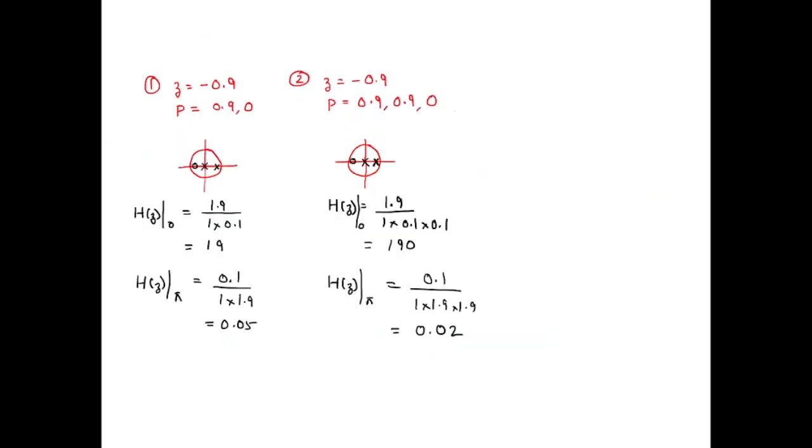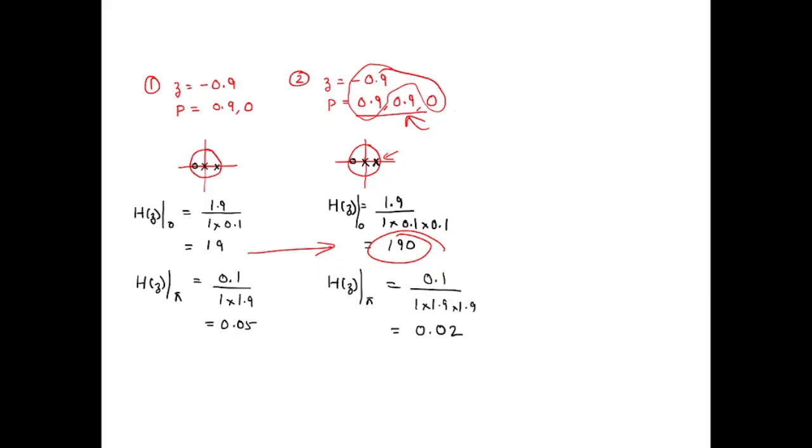Okay, now coming to the next stage. Over here, when we place a pole over a pole, this one was there, and we have added one extra pole onto the pole. If you look at the DC frequency, because DC frequency is the omega naught frequency over here, what has happened? There is a significant increase in the amplitude response.